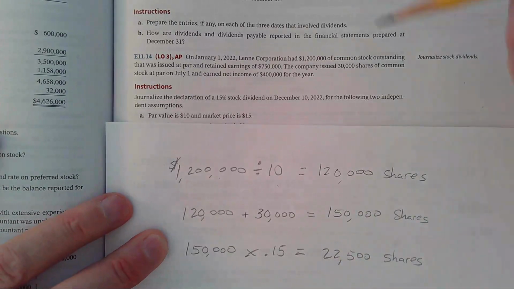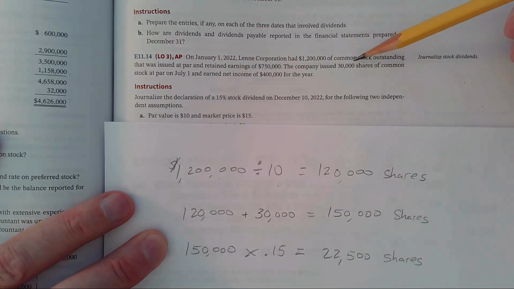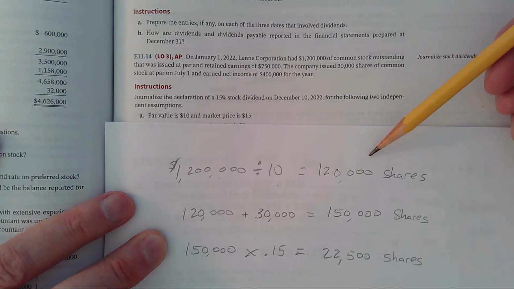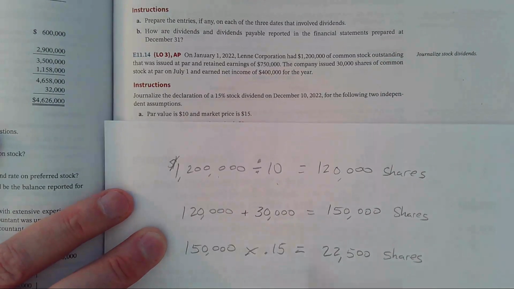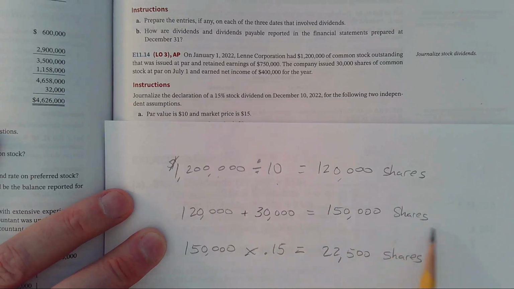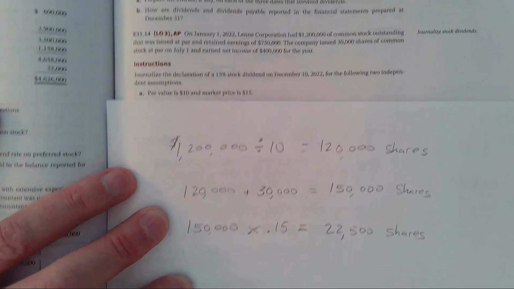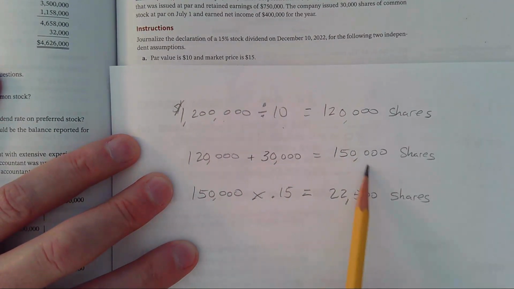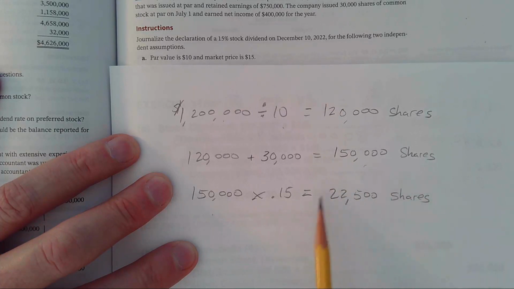It goes on in the problem again to point out that they issued another 30,000 on July 1st. So the 120,000 is what they originally issued, plus the 30,000 that they now issued, means that they have 150,000 shares outstanding. Because they're giving a 15% stock dividend, I would take the 150,000 that I have outstanding times 15%. That means I'm giving shareholders 22,500 additional shares. So that's how that calculation comes about.